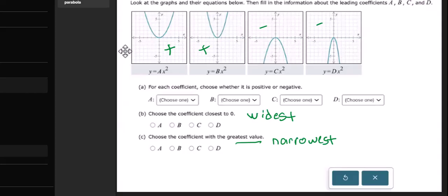So the narrowest positive. If it said least value, we would want the narrowest negative. Okay, so A is positive, B is positive, C is negative, D is negative.